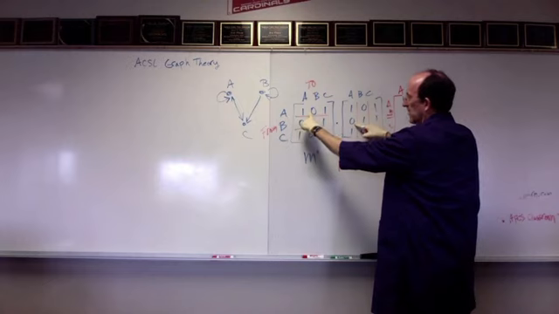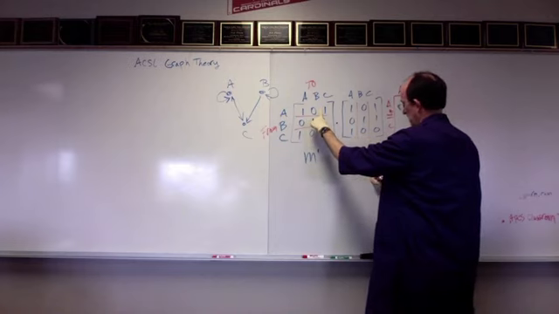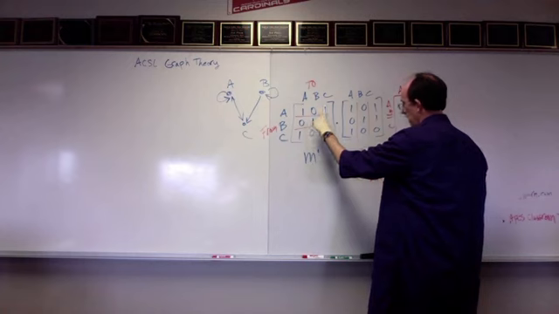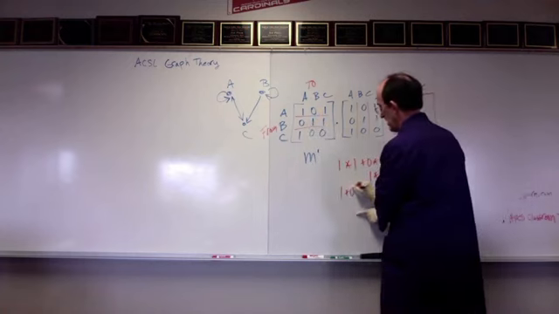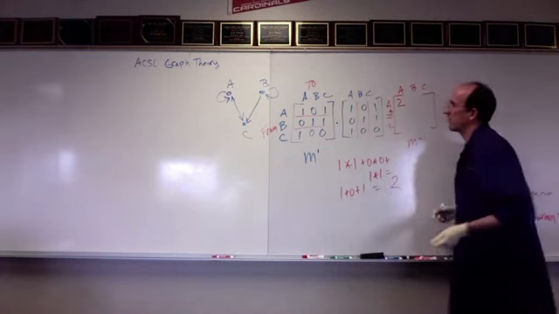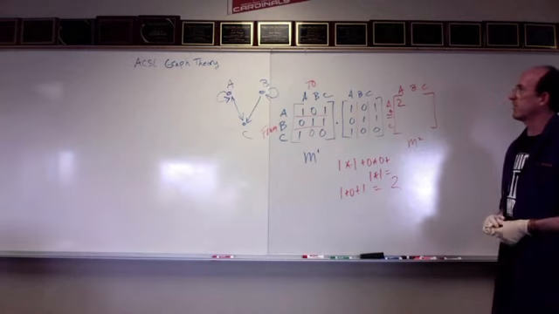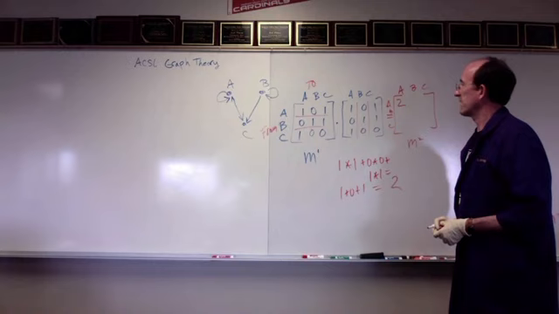Remember, this is row column, A to A. 1 times 1. What is that? That's 1 plus 0 plus 1 equals 2. And that's what goes here. There are 2 paths from A to itself. Okay, and what are they?